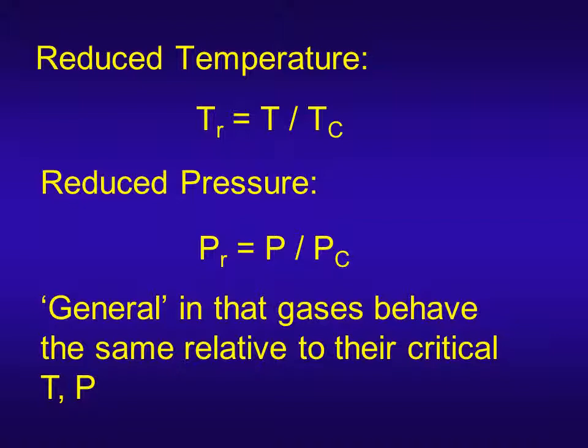Again, this is saying that many gases, most gases I should say, behave the same relative to their critical temperature and pressure. It does get more complicated, and in your next course in chemical engineering, we'll look at several different models that get even more complex to deal with the non-ideal gas behavior.